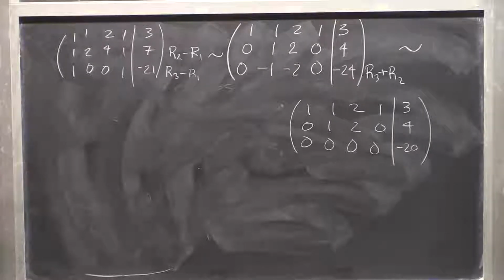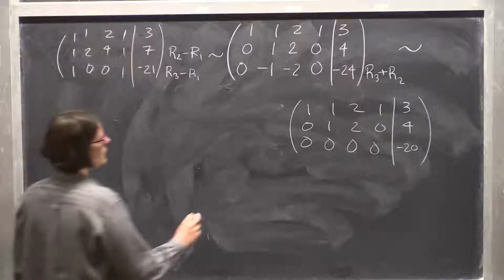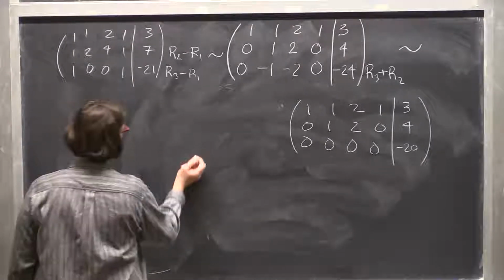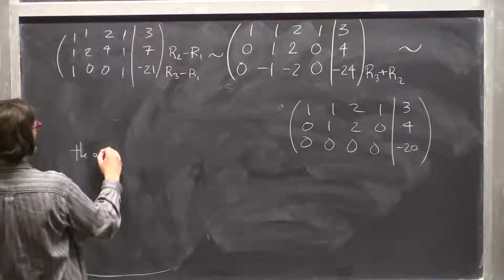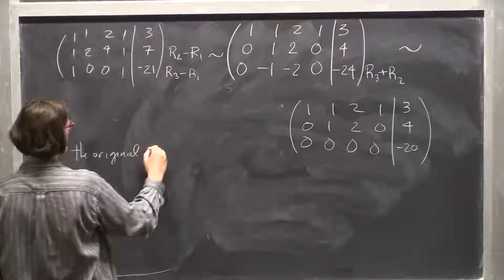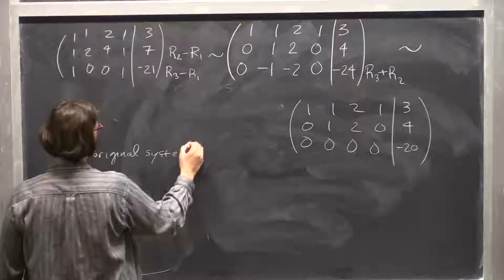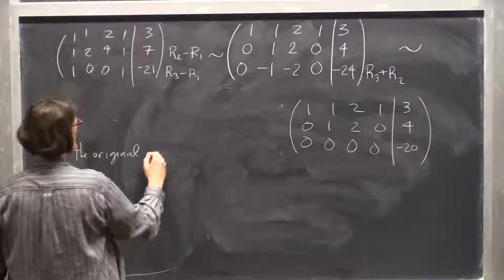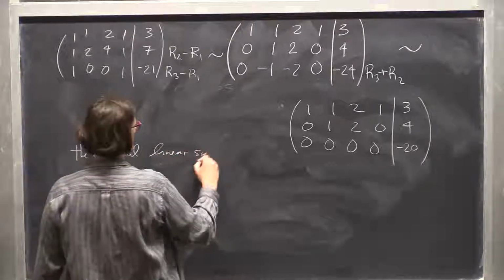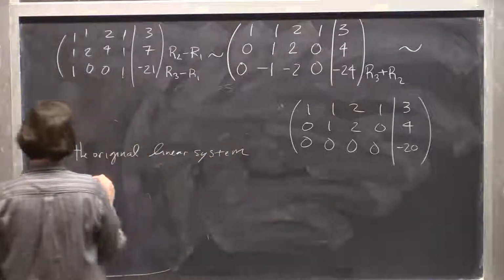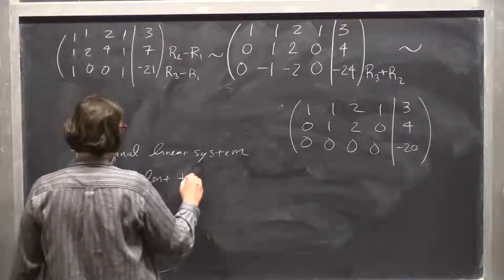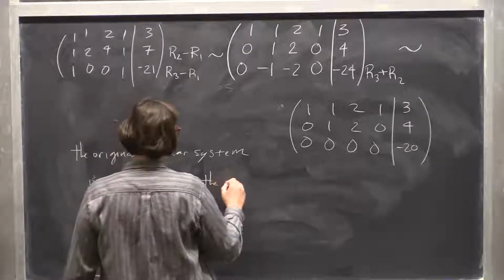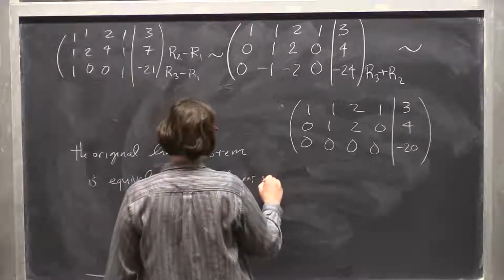Now, at this point, I'm going to stop. And I'm going to write the linear system. So I'm stopping, and what I have is that the original linear system is equivalent to the linear system.